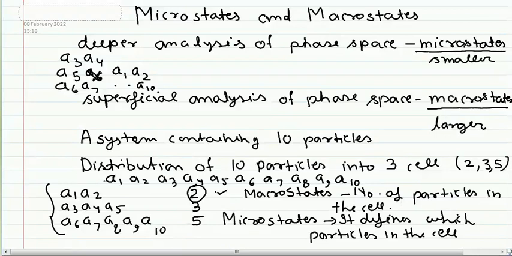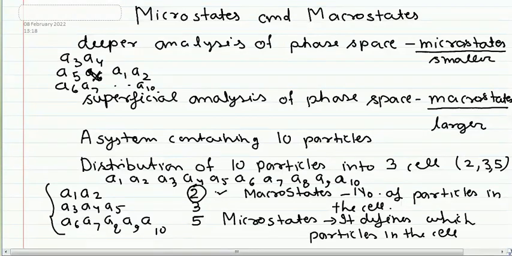If the particles are A1, A2, the macrostate remains the same, and if the particles are A3, A4, the macrostate remains the same. But the microstate will change. So now you can understand clearly that macrostate means the number of particles in the cell, and microstate means which particles are in which cell.